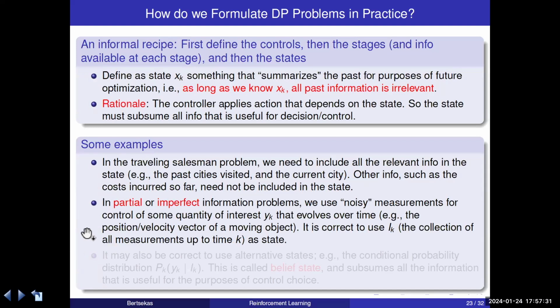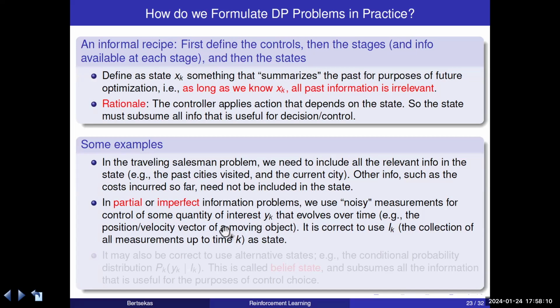Now, here's another important example that we are going to discuss in the next lecture. It has to do with partial information problems, where the controller does not know x_k, but rather receives measurements about the value of x_k. So we use noisy measurements, which we call y_k, for control of some quantity of interest which evolves over time, like the position-velocity vector of a moving object, something that you would take as state had you known their exact values.